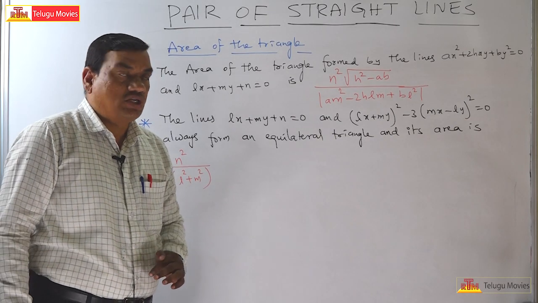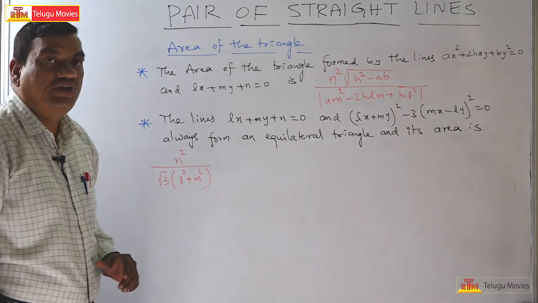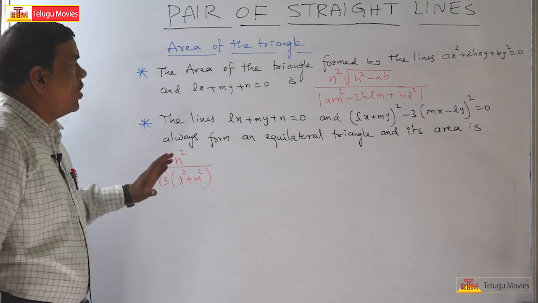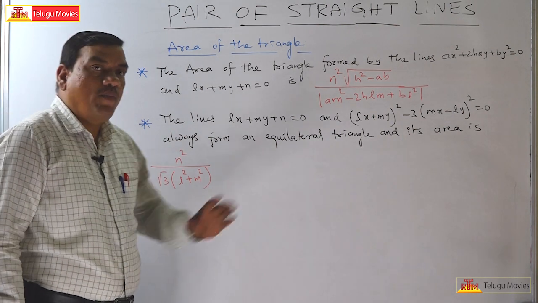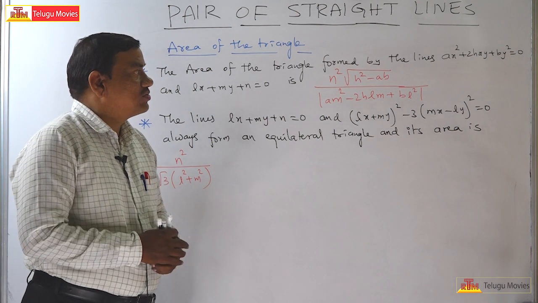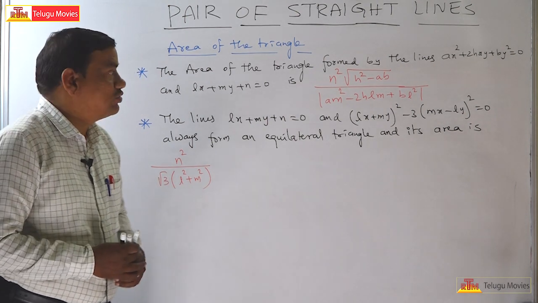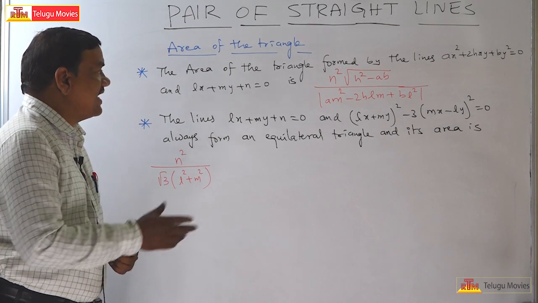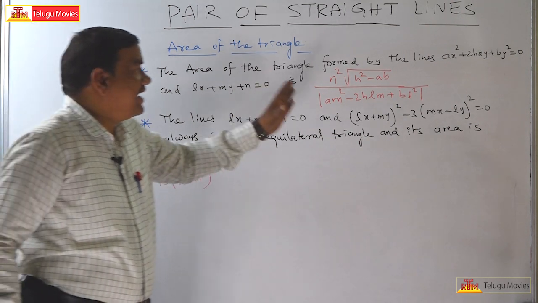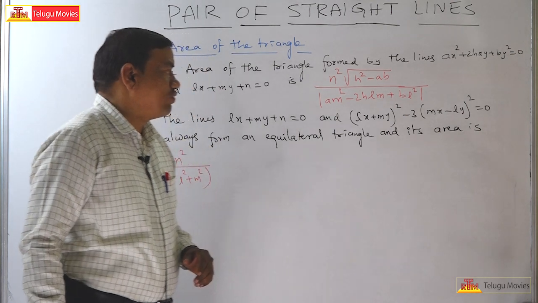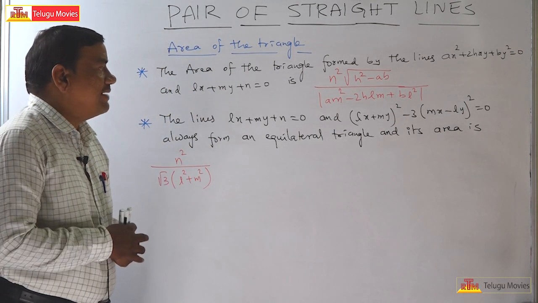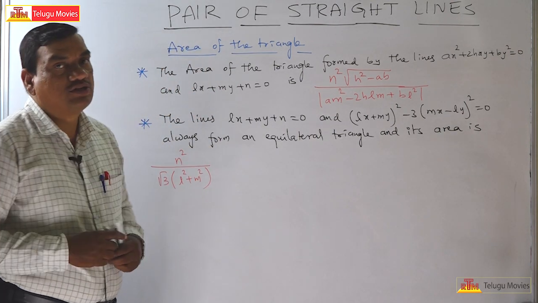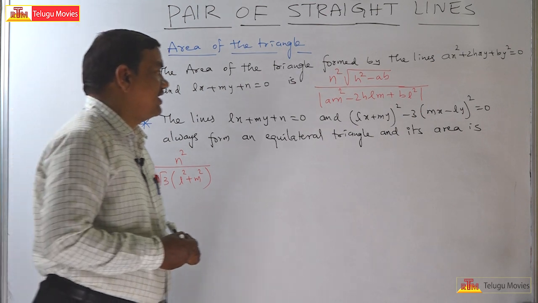Welcome back to this concept: area of the triangle. The area of the triangle formed by the lines ax square plus 2hxy plus by square is equal to 0 and the line lx plus my plus n is equal to 0 is n square root of (h square minus ab) upon (am square minus 2hlm plus bl square). Let me explain.